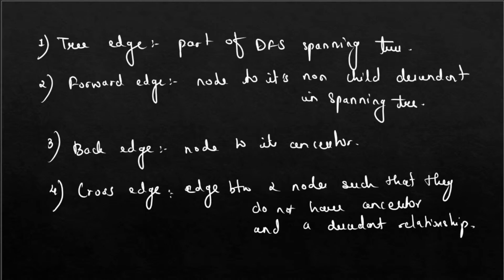Okay, so a few points you can note: both DFS and BFS can be used to detect presence of a cycle, as well as to check if the graph is connected or not. So what is the purpose of DFS and BFS? To detect a cycle, and to see if the graph is connected or not, and both can check if two vertices are connected or not.